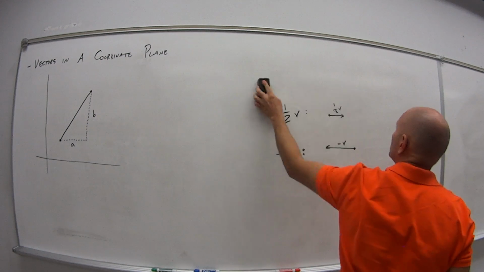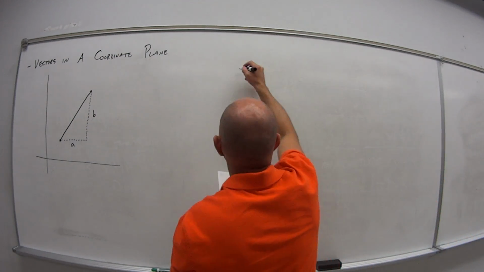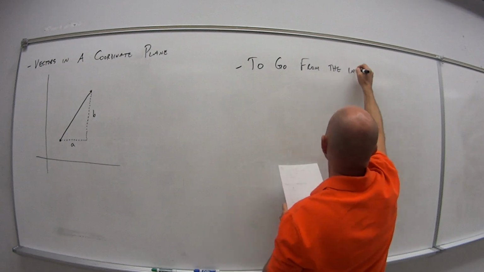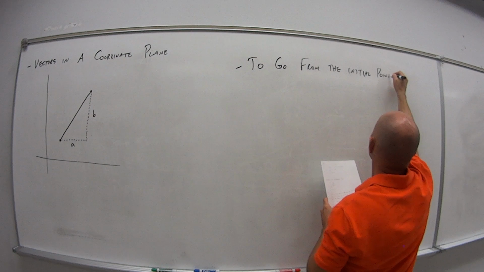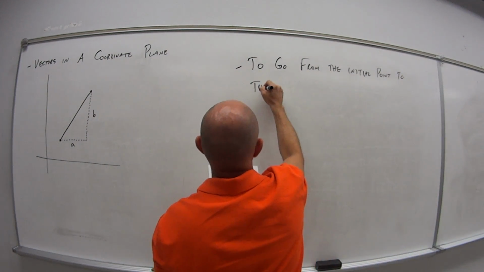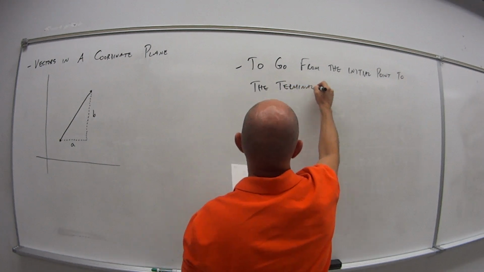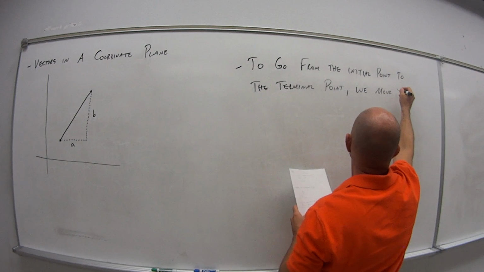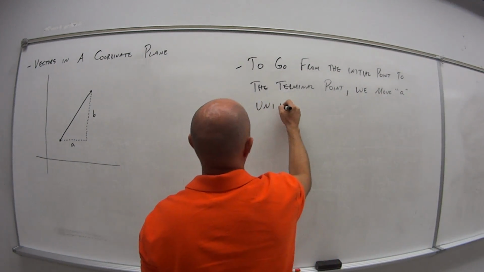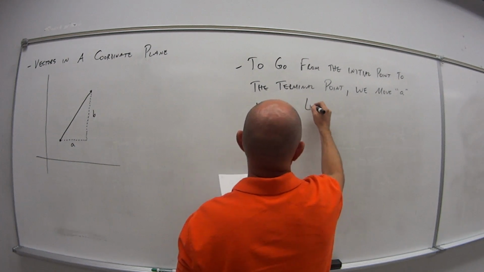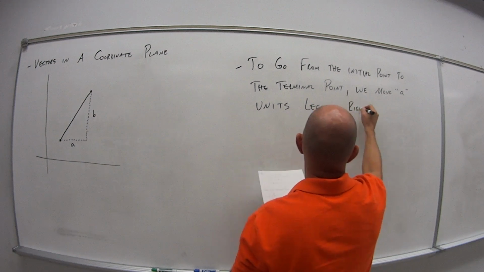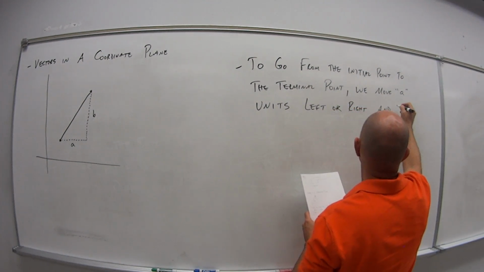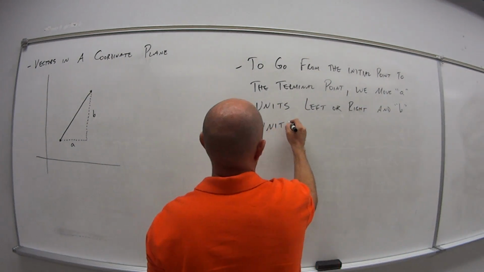So by definition, to go from the initial point to the terminal point, we move A units left or right and B units up or down.